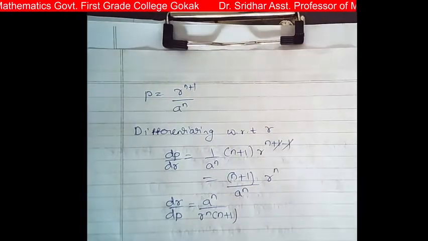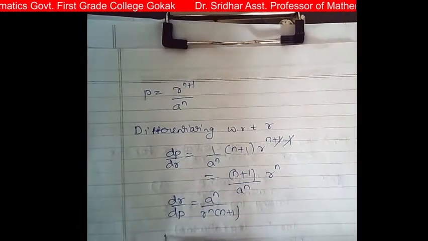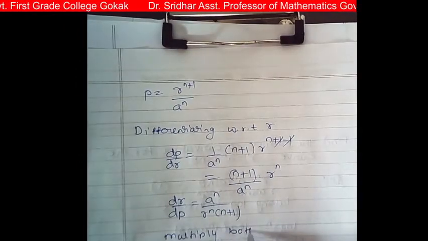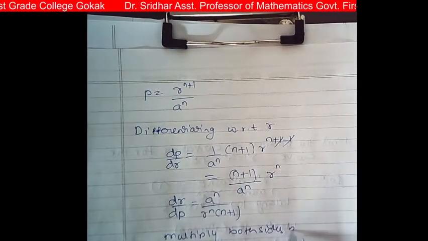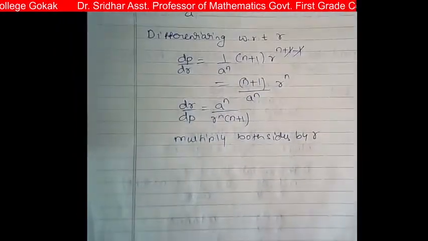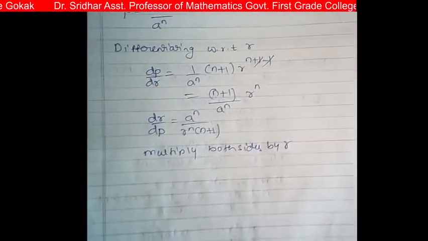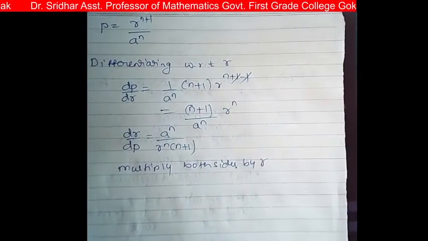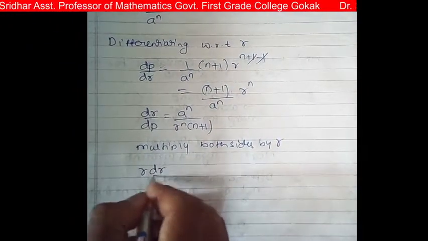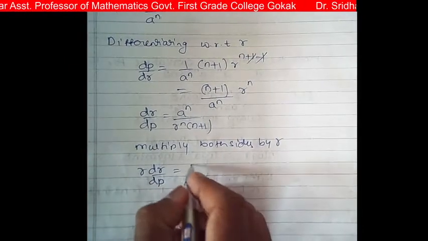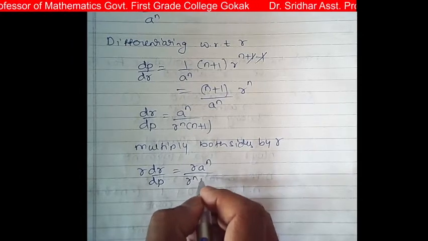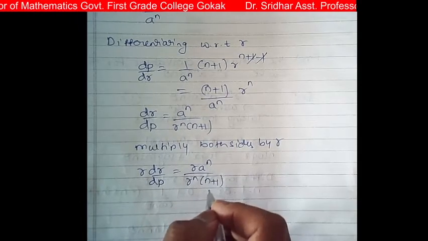Okay, so now multiplying both sides by r, we get r into dr by dp is equal to r into a raised to n divided by r raised to n into n plus 1.